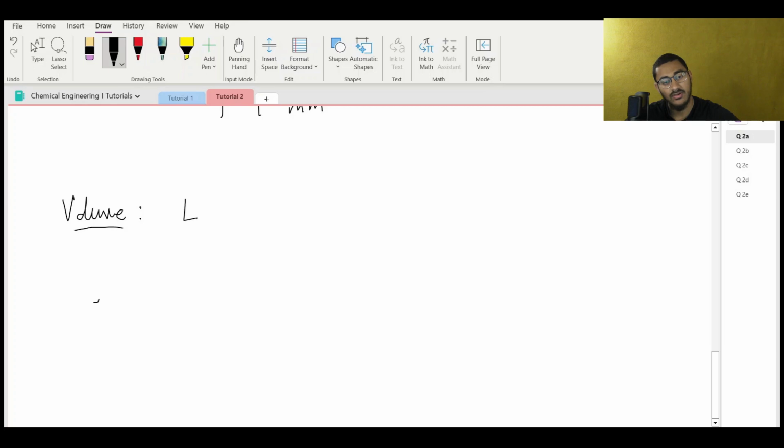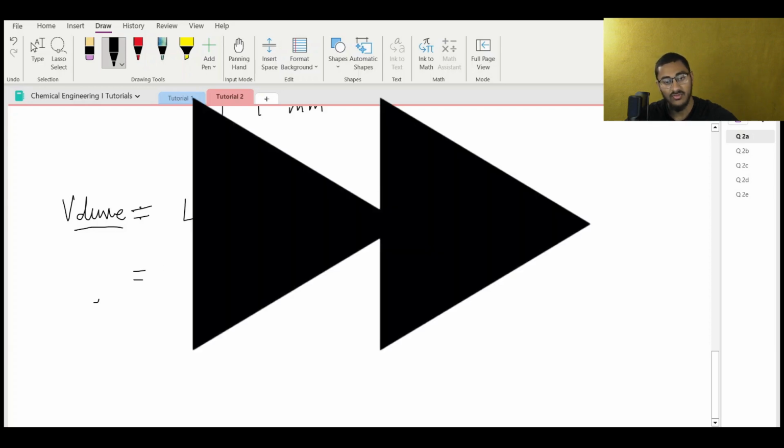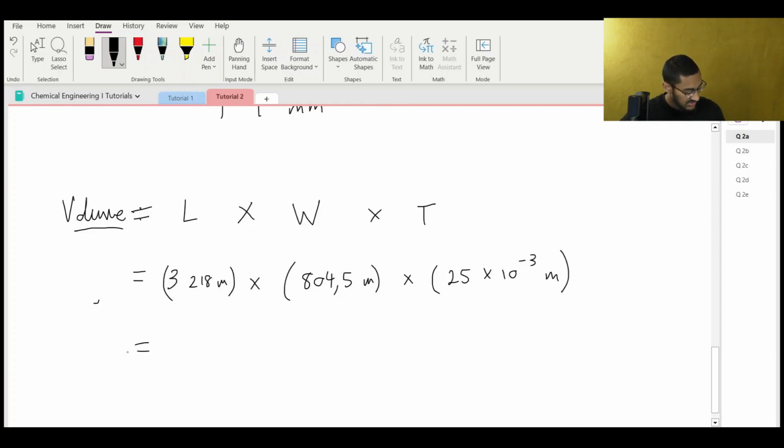So we know the basic recipe for volume is length times breadth or width times height, or thickness in this case. So if I have a look at my calculation here, that should give me 64,722,025. And because we've got meter times a meter times a meter, that becomes cubic meters.